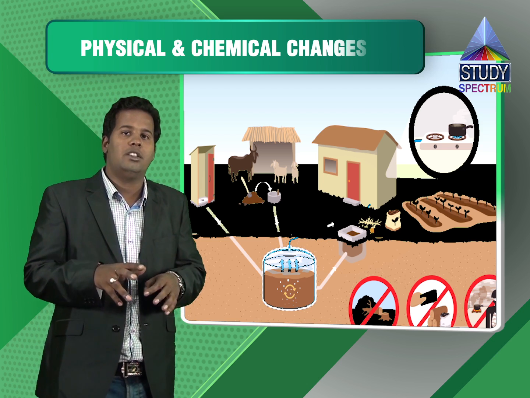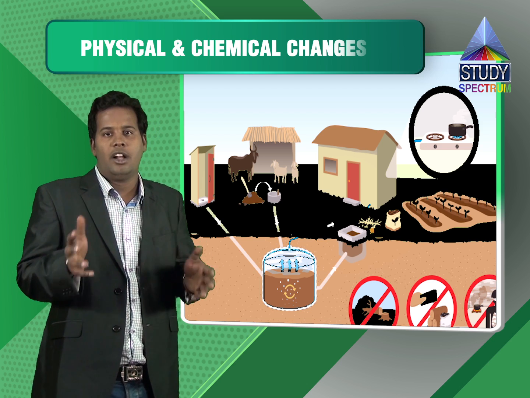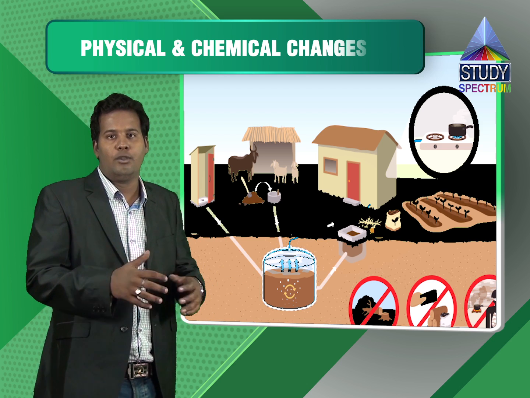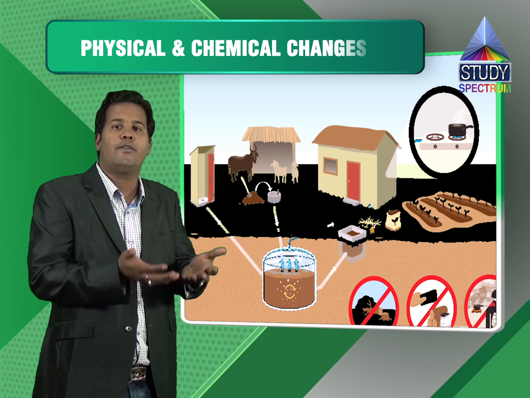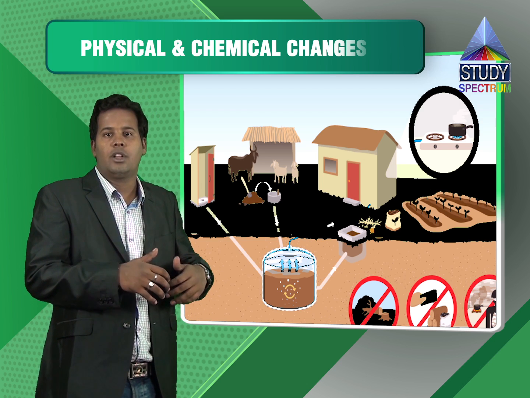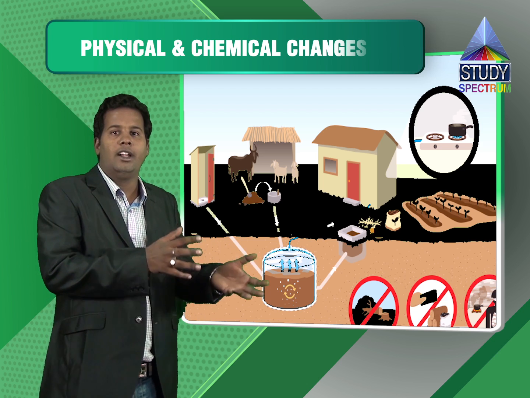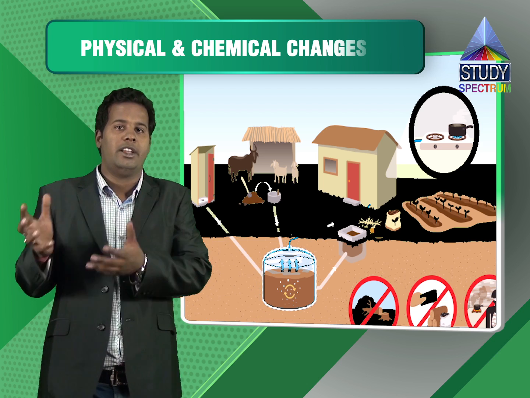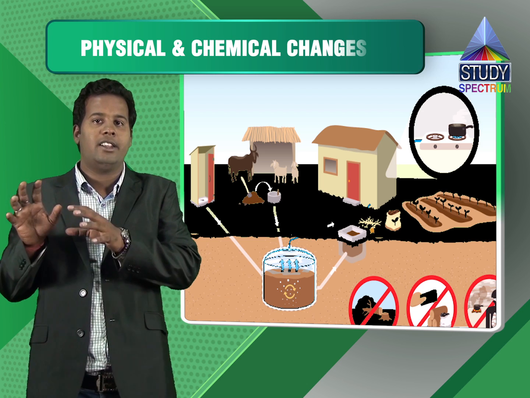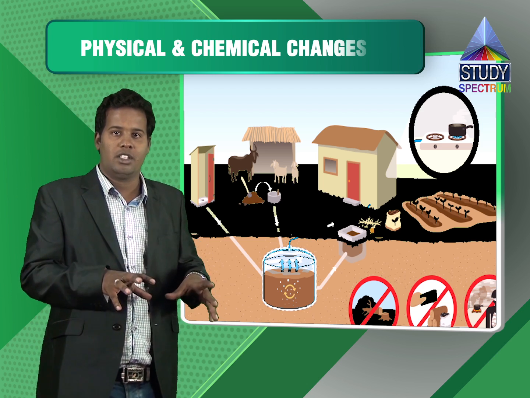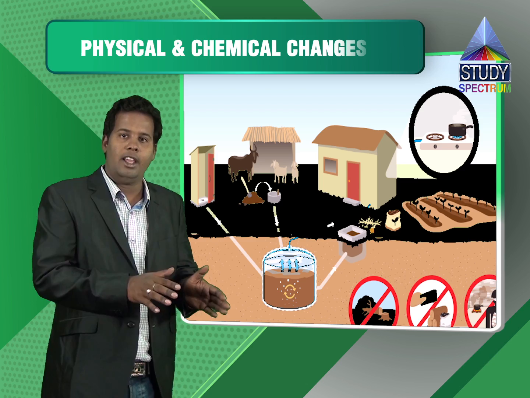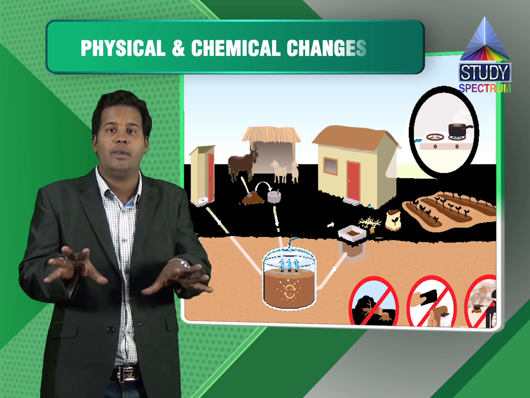If we talk about change B, then we can obviously understand if you burn biogas, new substances will be formed, correct? New substances, new gases will be released and heat will be produced. So obviously internal properties of biogas are changed to produce new substances, and at the same time the process is irreversible. It means change A and change B both are chemical changes.